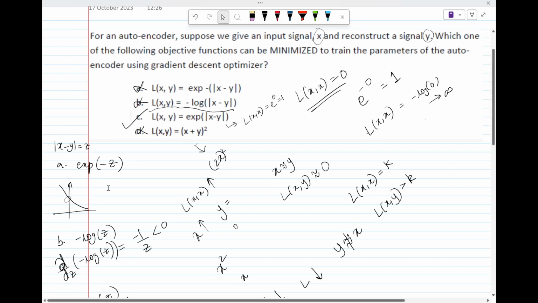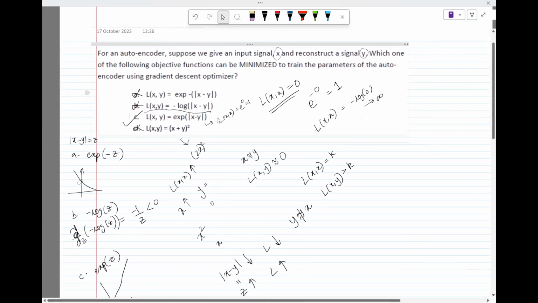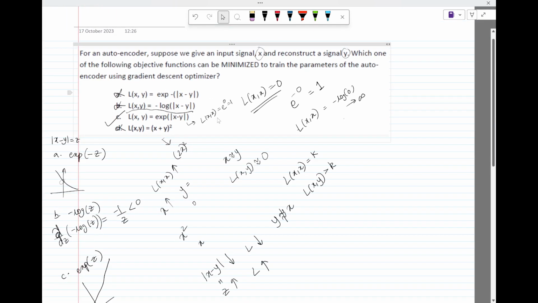So basically I wanted a monotonically increasing function in terms of this mod x minus y. Okay, any doubts in this?